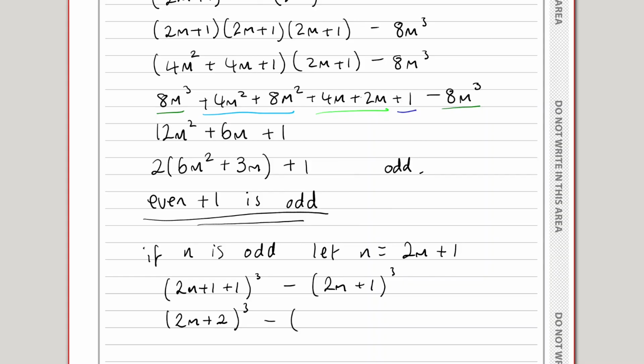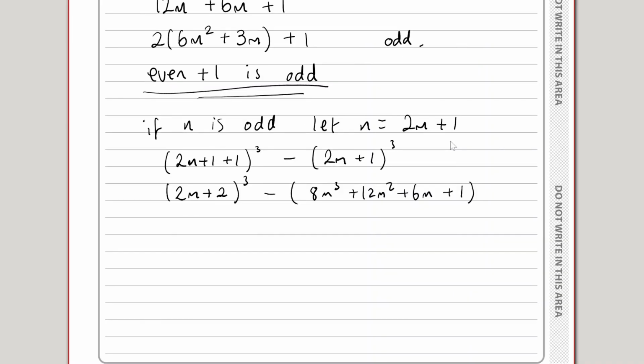So (2m+1)³ was 8m³ plus 12m² plus 6m plus 1. I'm going to have to do the first expansion. So (2m+2)(2m+2)(2m+2).